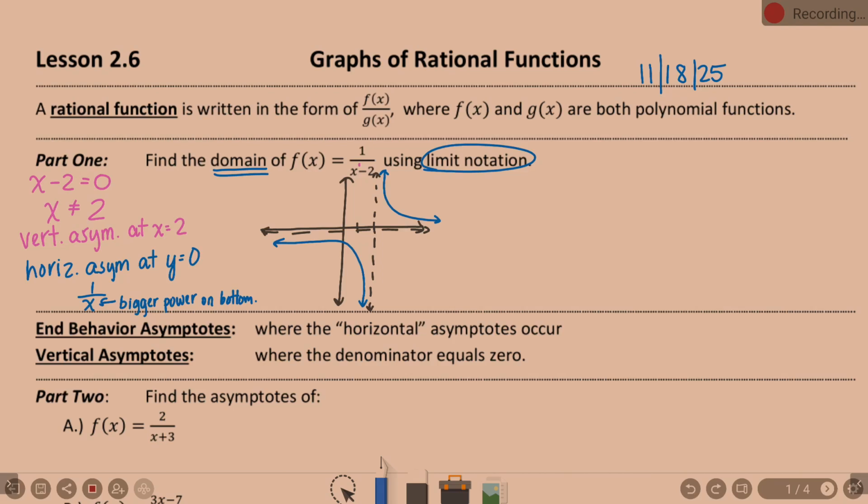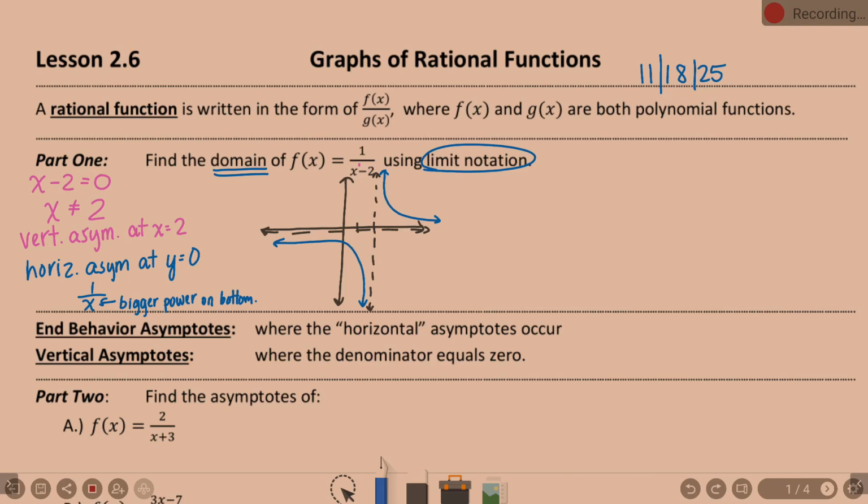Now, with this in mind, you have the graph. Obviously, you're going to be able to use calculators in homework where necessary to help you know what the graph looks like, most definitely. Our job is to talk about the domain. So what we're going to look at here is limits. We're going to do this in limit notation, and the limit as x approaches certain values. What is our key x value here?